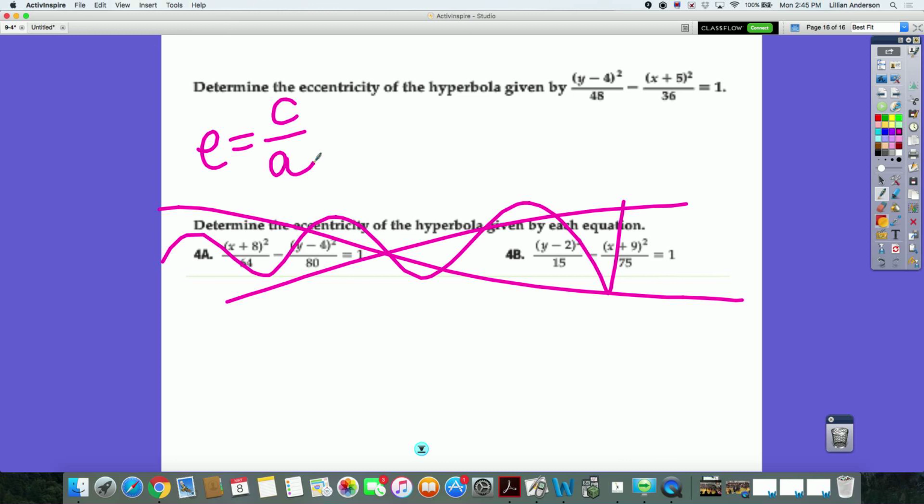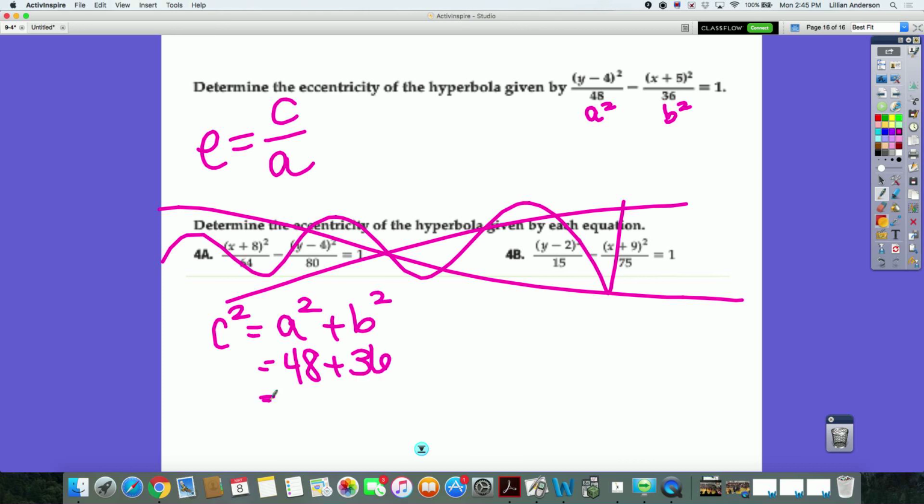So our y's are first, but it really doesn't matter. We just know that a squared is 48 and b squared is 36. To find our c, we do use that formula of a squared plus b squared. So that's going to be 48 plus 36, which, when I add those together, is 84.